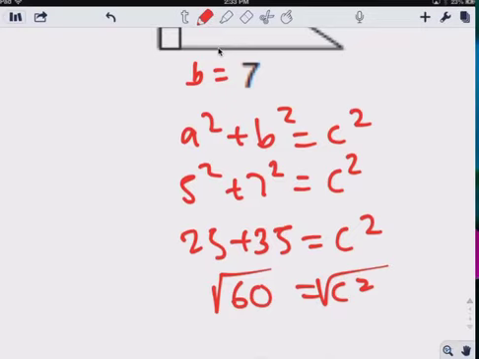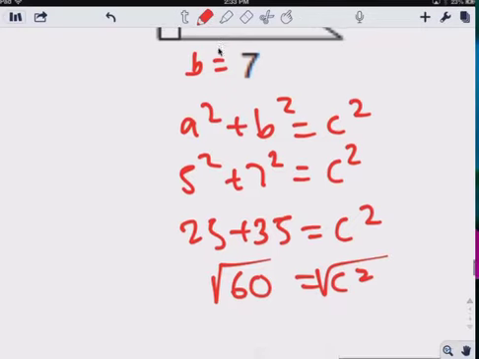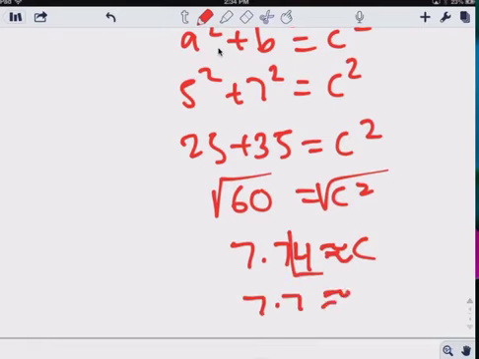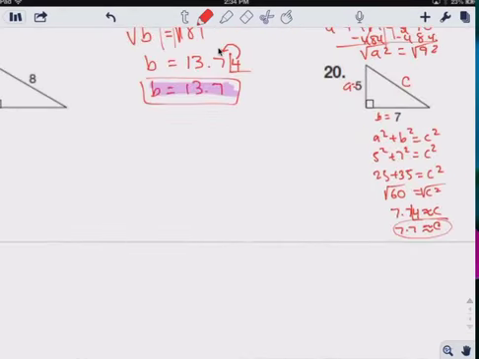So the square root of 60 is equal to 7.74, and let's round it. This is a 4, so it stays 7.7. 7.7 is about C. Not exact, because if we do 7.7 squared, it wouldn't be exactly 60.